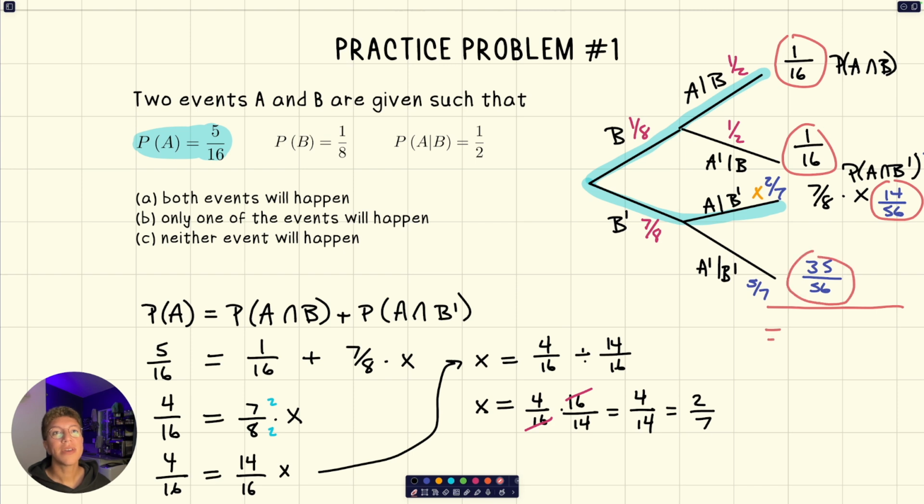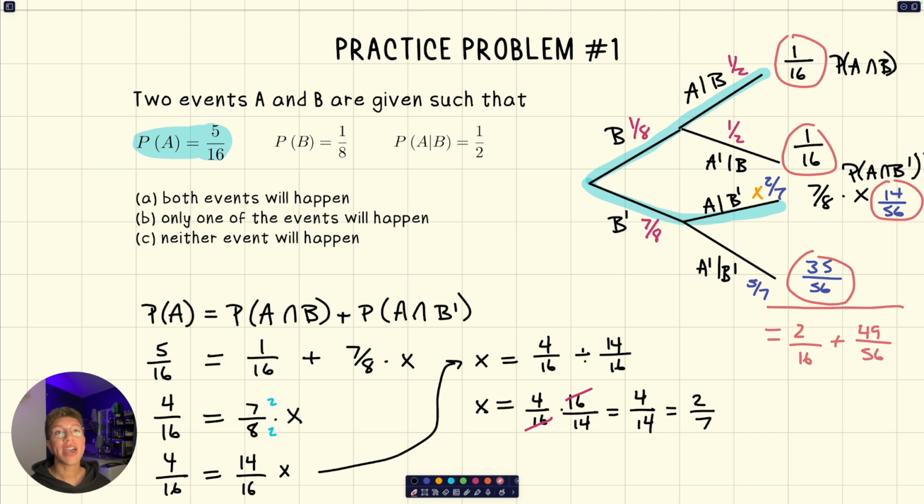And this should equal 1 if we did all of our math correctly. To avoid doing all that fraction math, we'll just plug it into the calculator real quick. So 1 over 16 plus 1 over 16 is 2 over 16. And then we're adding that to 14 plus 35, so 49 over 56. And I feel like those are not going to add up to 1, but we'll see.